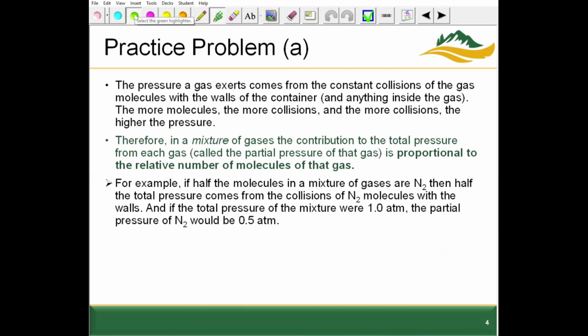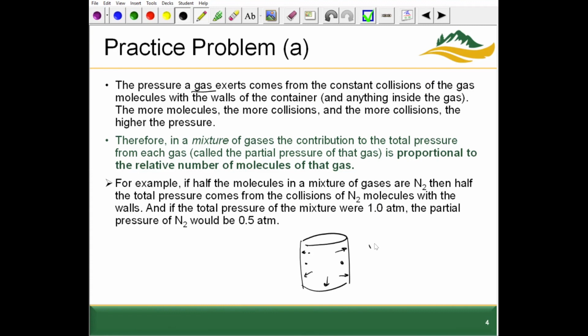The pressure a gas exerts comes from the constant collisions of gas molecules with the walls of some container. I first drew something like this pretty early on in Chapter 5, but that pressure that a gas is exerting comes from the constant collisions of these gas molecules with the walls of a container.